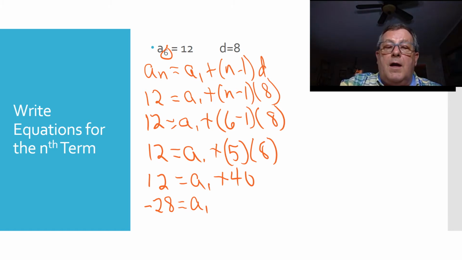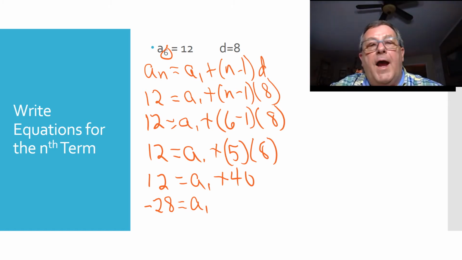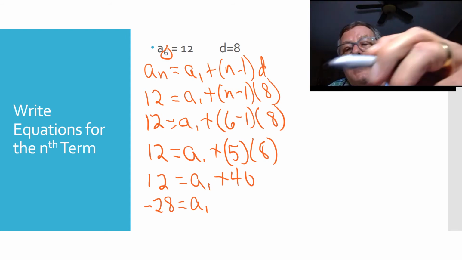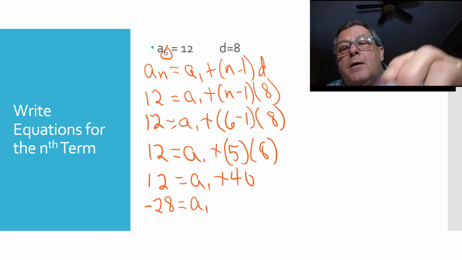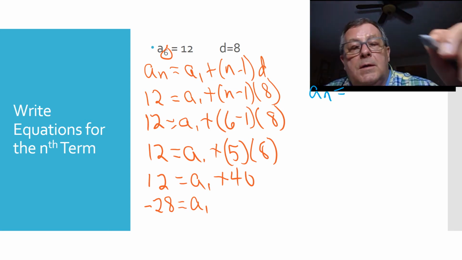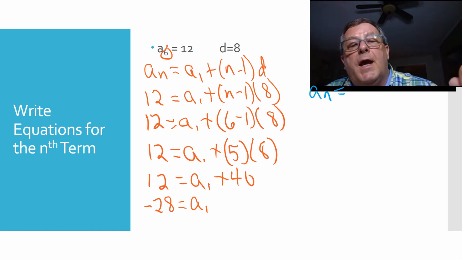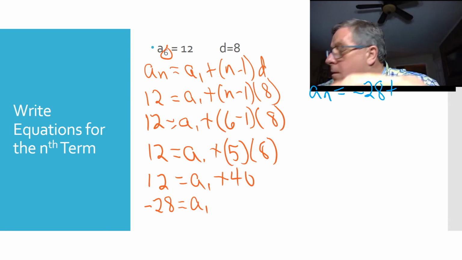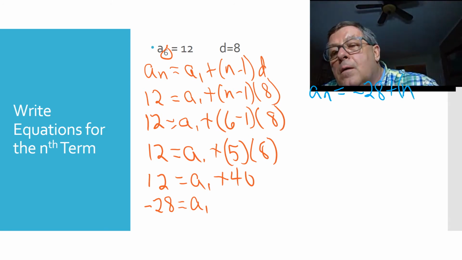Now, I wasn't asked to find A1, but I had to find A1 in order to write the equation for An. So let's start again here with An equals negative 28 plus n minus 1 times 8.